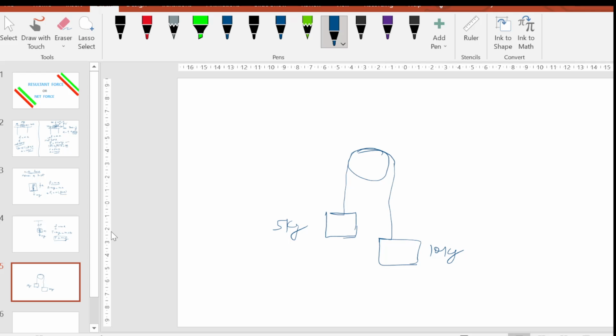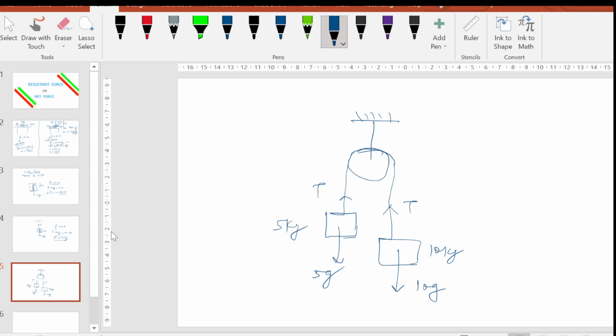Now I have to write the equations here. Downward, the force is 10g; upward, there is a tension T. For the other block, downward it is 5g; upward there will be T. You know that if the same string is there, then the tension remains the same.